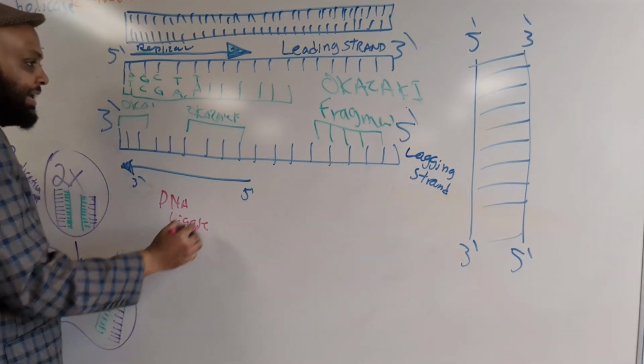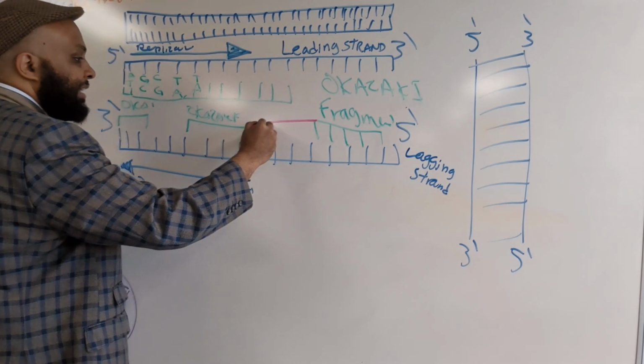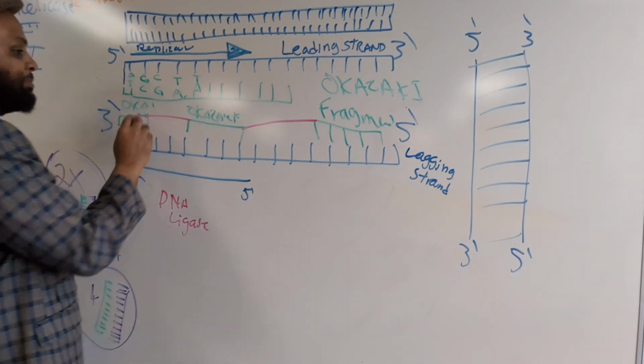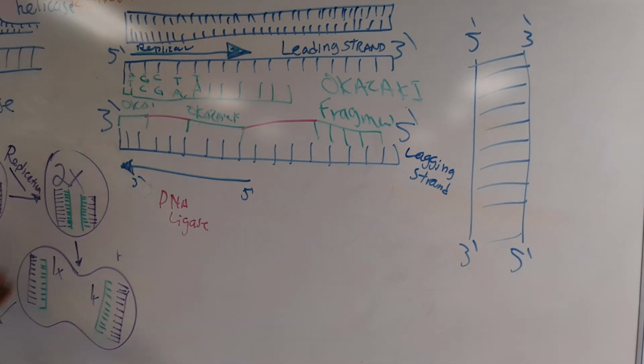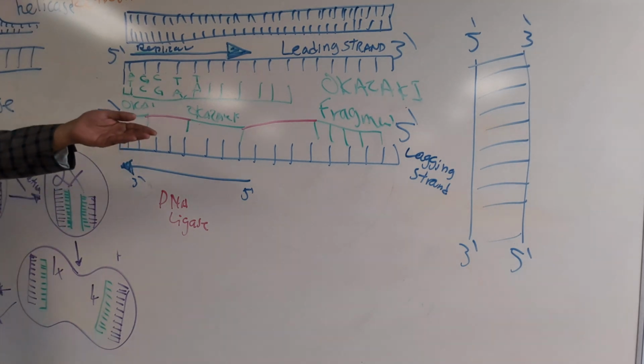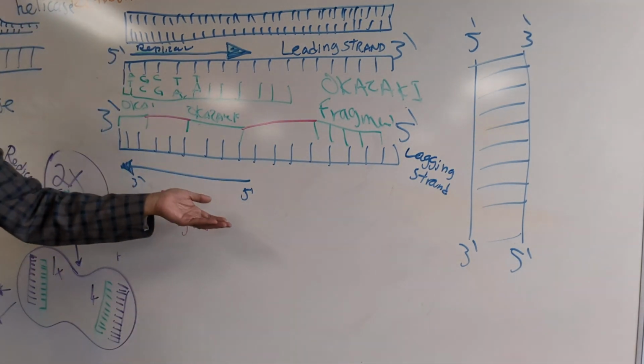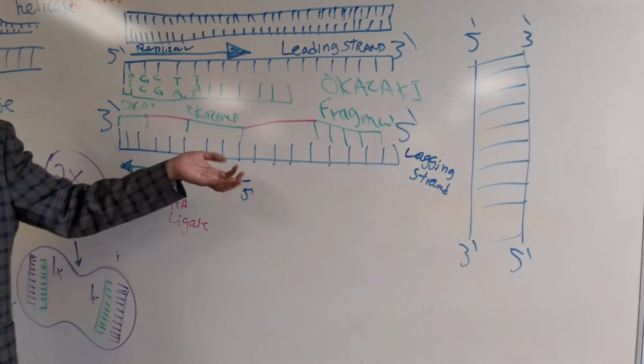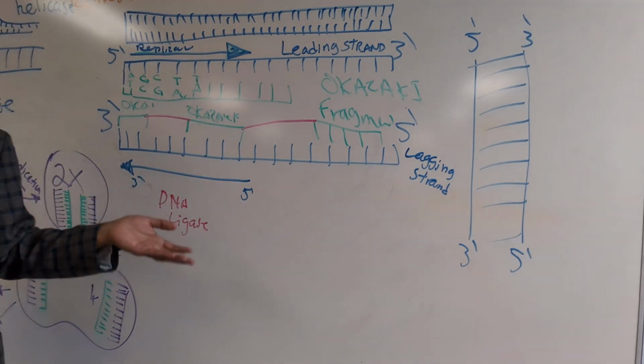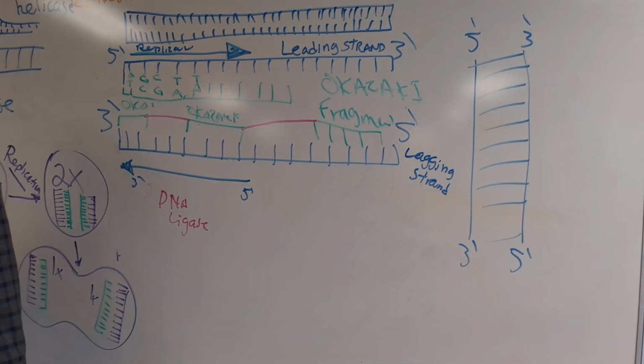The DNA ligase is the glue that will connect together all the gaps between my fragments. So it is the lagging strand that will have my Okazaki fragments, these chopped up fragments, and they are connected with DNA ligase.